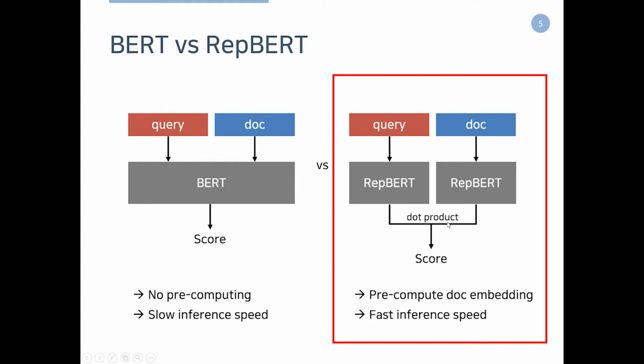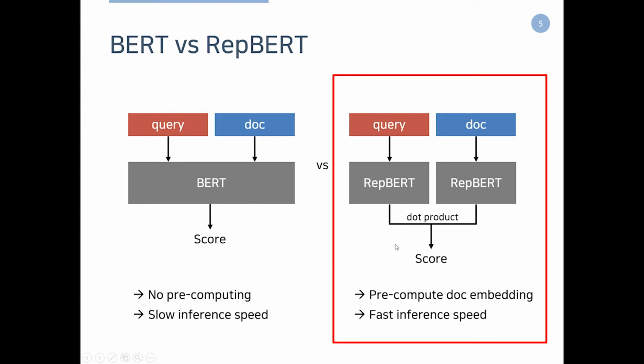So in real inference time, we only need to make an embedding of the query. And the query is most of the time much shorter than the document. So the two-tower model is much faster than normal BERT-like transformer models.